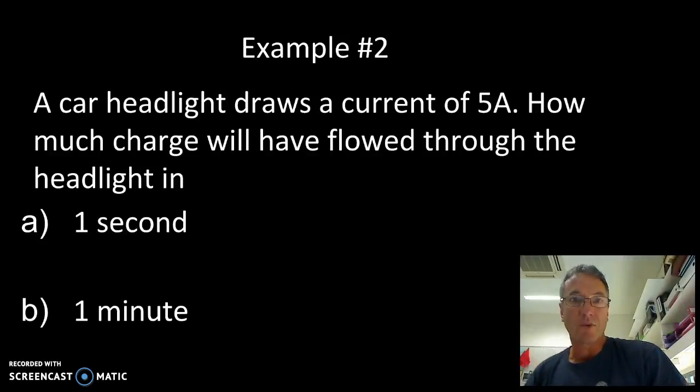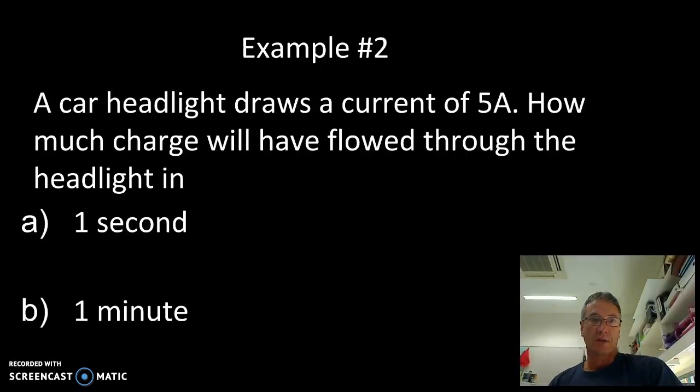So we'll just do one more example to finish off this video. A car headlight draws a current of 5 amperes. How much charge will have flowed through the headlight in 1 second and in 1 minute? This is going to require us to rearrange our current formula.